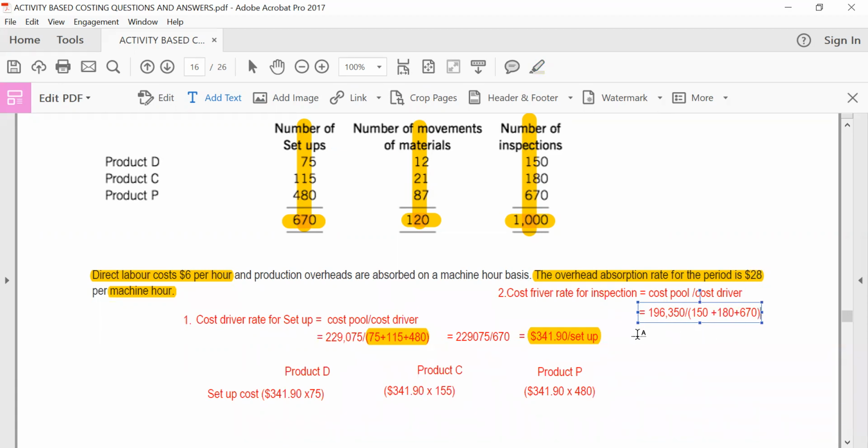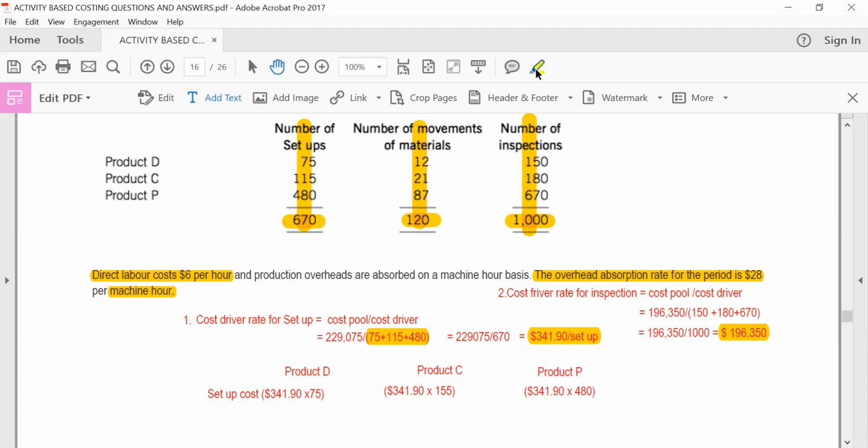So it will give me a total of 1,000. 196,350 divided by 1,000, and don't forget that the answer is in dollars, 196.35. I think that will be the answer. Now, after getting the meter, I've gotten also a meter for inspection. I just use it to multiply the individual denominators.